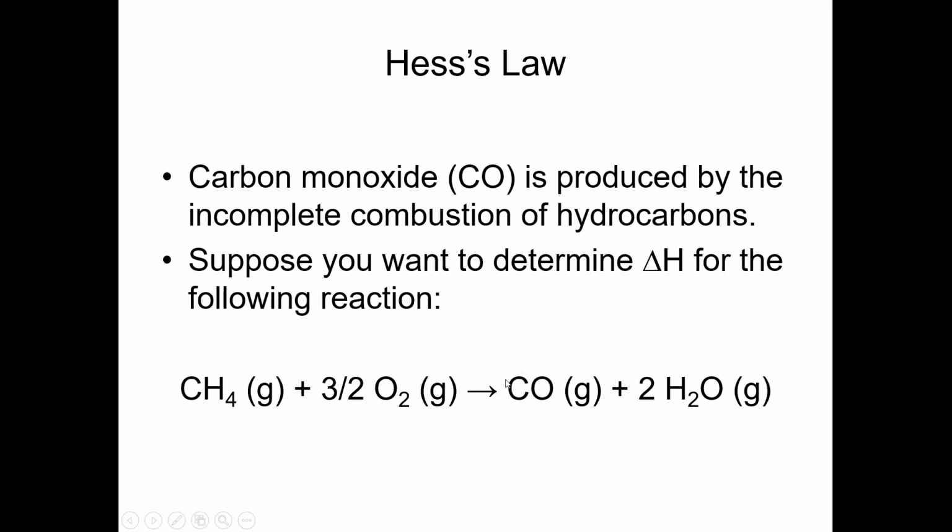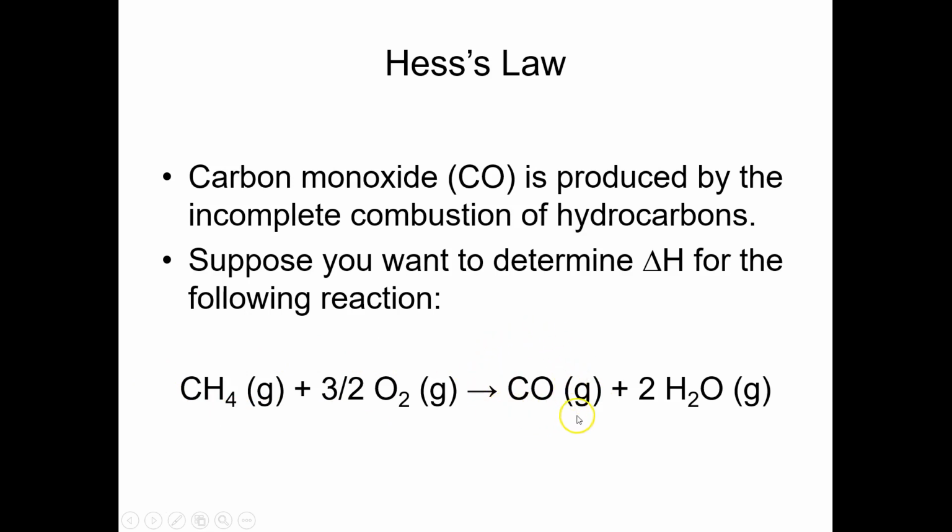Well, there's a problem with trying to find delta H for this reaction, and that is that it's essentially impossible to run. In other words, if I take 1 mole of methane and combust it with a mole and a half of oxygen, what I'm likely to get is a lot of carbon dioxide and a lot of unreacted methane.